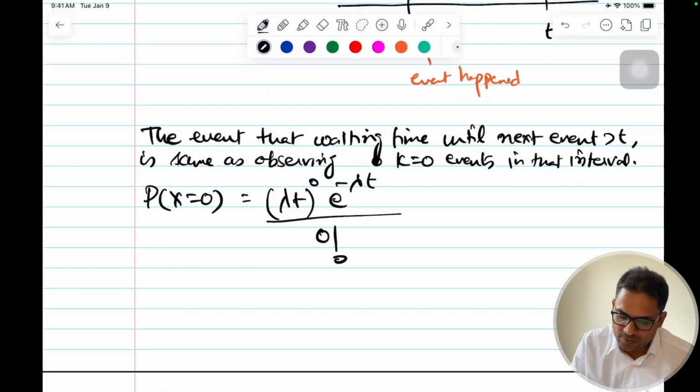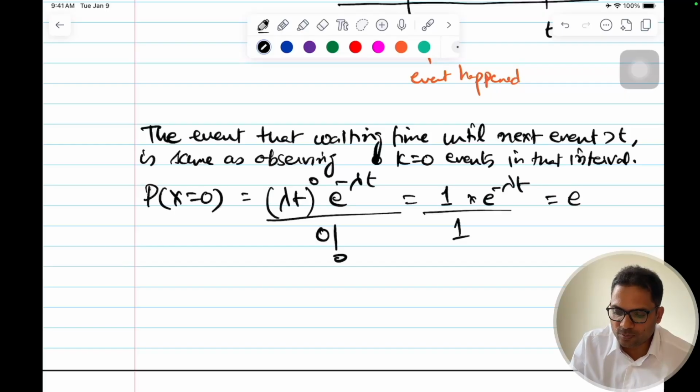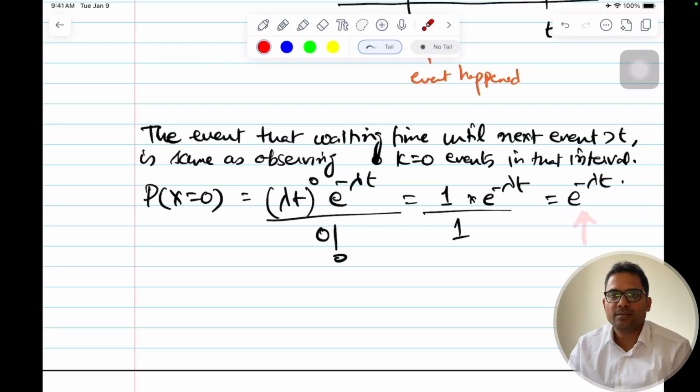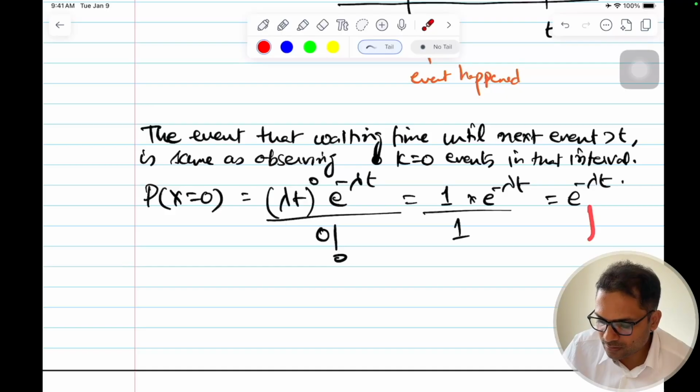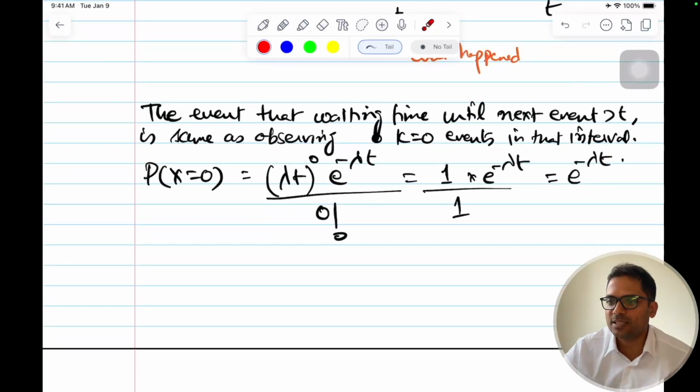Lambda t to the power 0 is 1, 0 factorial is 1, and this will become e to the power minus lambda t. Does it look similar to exponential now? Let's solve the exponential side also.